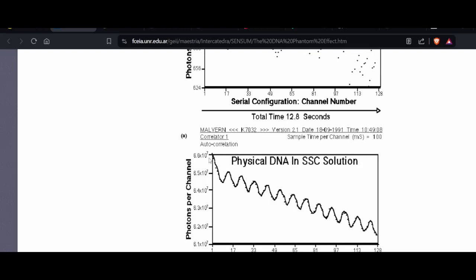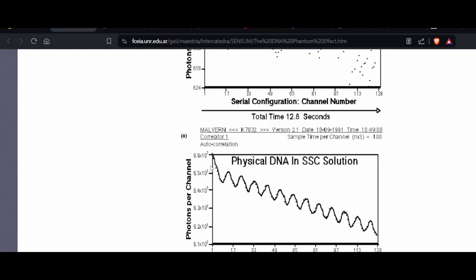Here they put their physical DNA in a solution. You get this kind of sinusoidal pattern that sort of decreases in intensity over time. But clearly you can see that there's a physical sample there. There's something scattering the light, and the intensity, in our background it was 600, 700, here goes up to about 60,000 photons per channel.